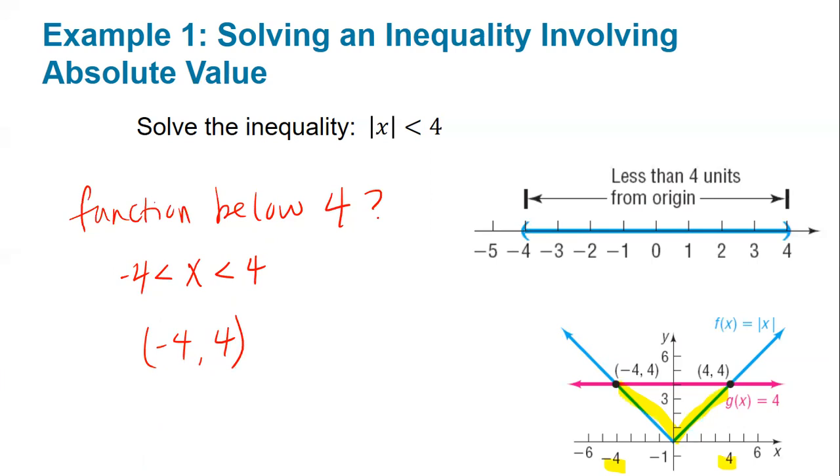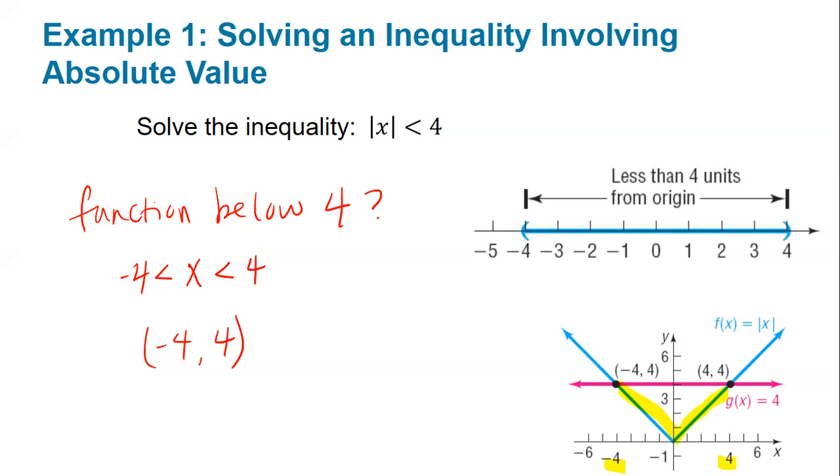That means that I can choose any number between -4 and 4, and this will be a true statement. Is 3 less than 4? Yes. Is 0 less than 4? Yes. Is the absolute value of -1 less than 4? Yes. Does that make sense? So I can choose any number on this interval and it will make a true statement. That's why it's my solution.